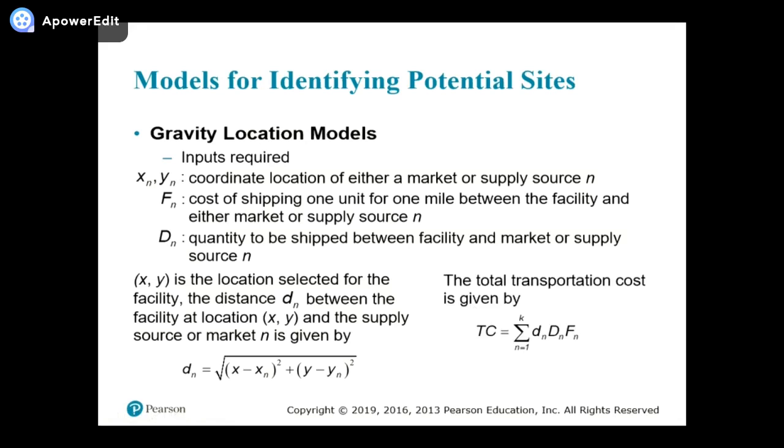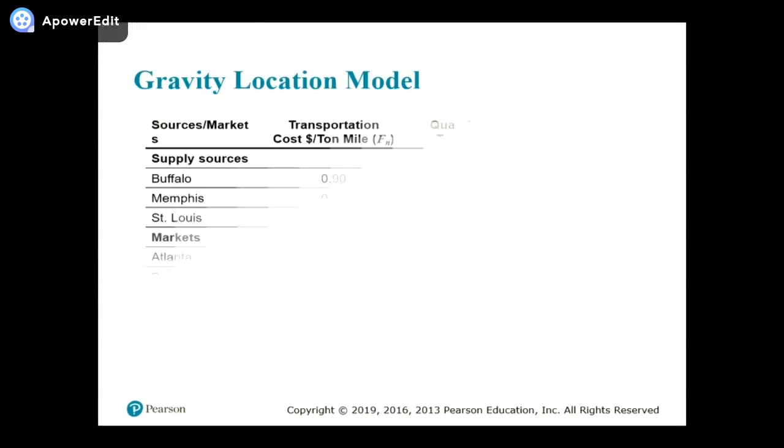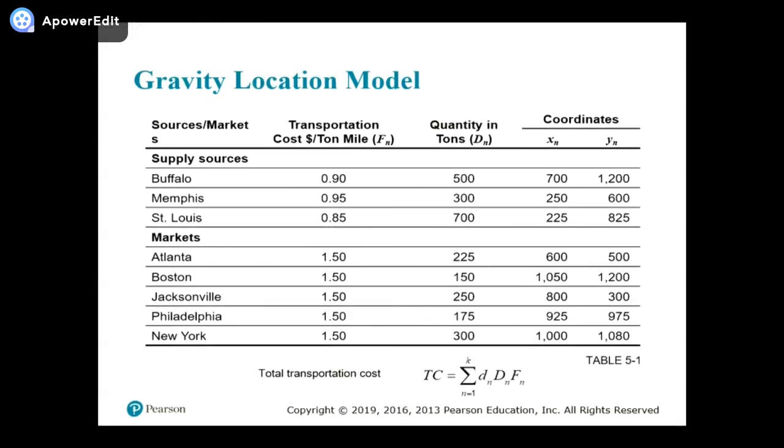The total transportation cost is then the summation of the transportation costs from this facility to these market or supply sources. Each of these costs is the distance multiplied by total quantity multiplied by unit transportation cost. So basically, in the gravity location model, our goal is to minimize the total transportation cost.